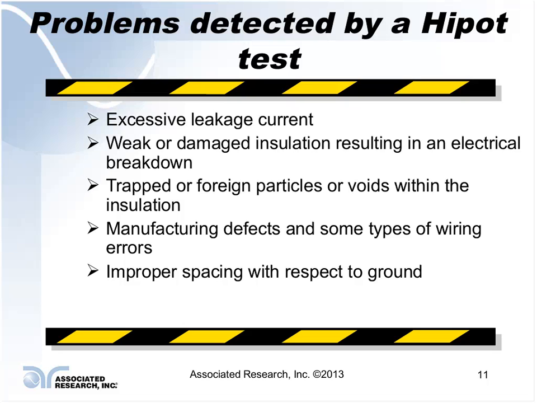If the leakage levels are in fact too high, then this could create a Hipot failure itself, depending upon where you're setting your trip levels. Leakage damaged insulation resulting in electrical breakdown are in fact detected with a Hipot. Insulation voids, trapped foreign particles, this kind of stuff may cause an insulation breakdown. Manufacturing defects, some types of wiring errors, improper spacing with respect to ground.